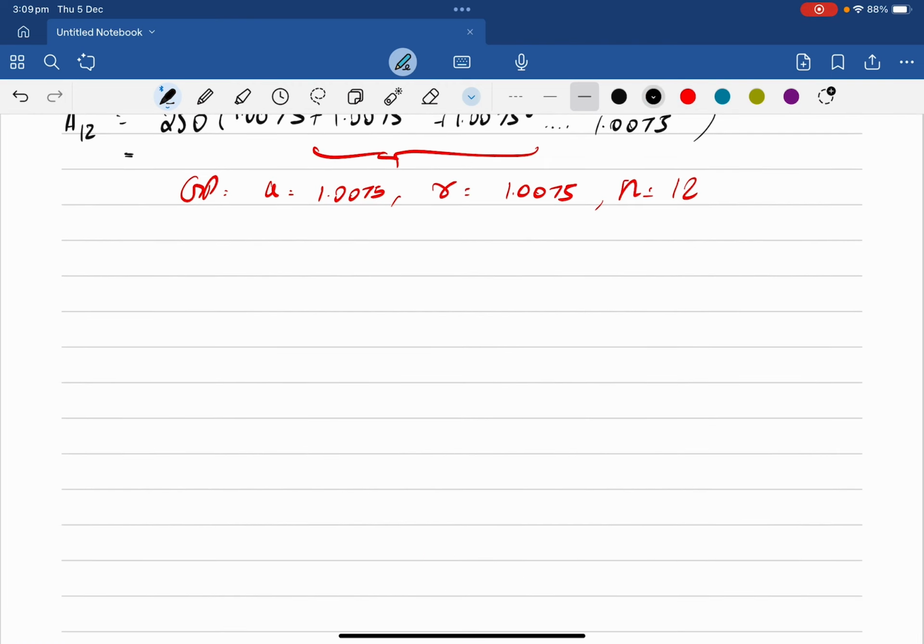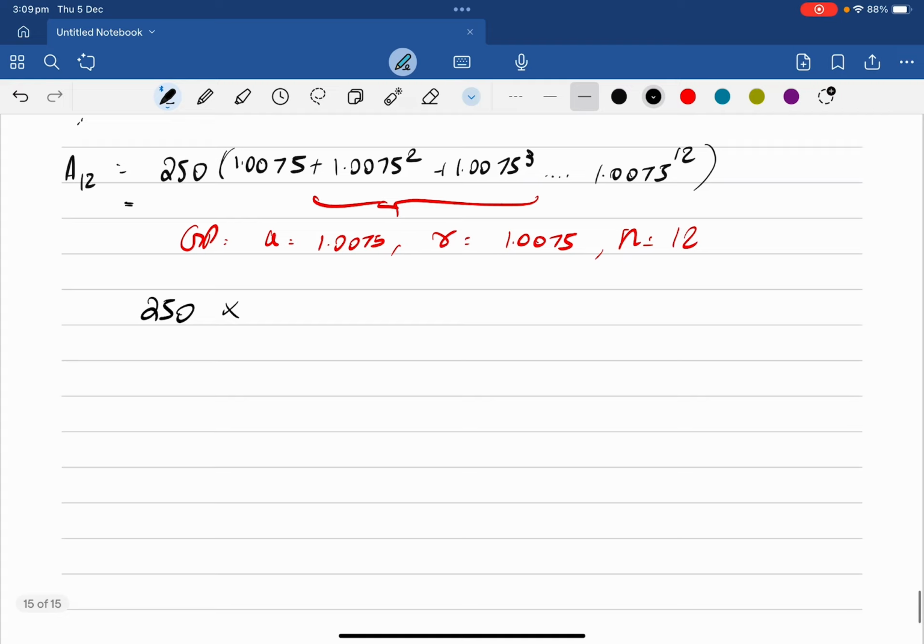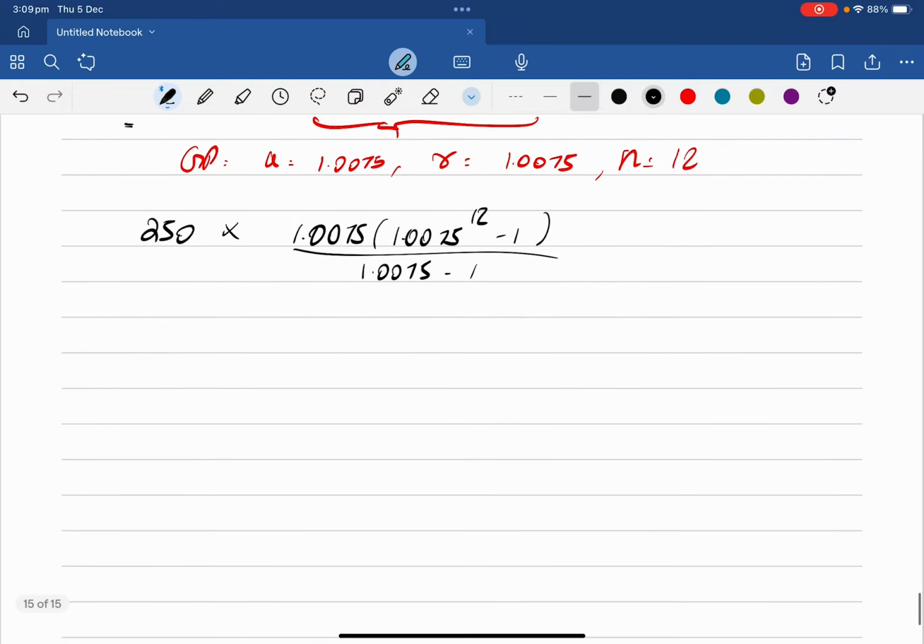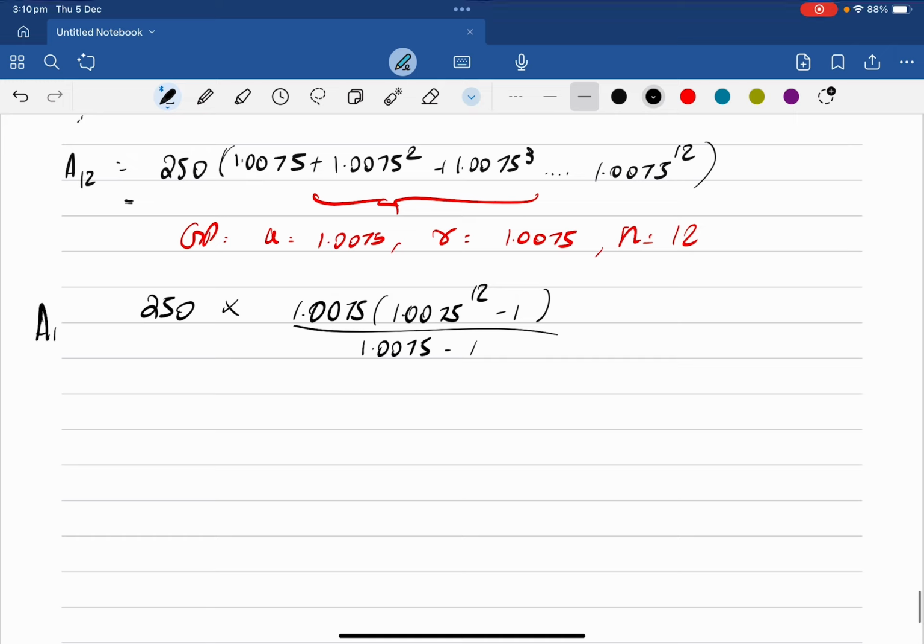So now let's multiply this in, so the 250 comes down, and this we can sum up using our sum of GP. Since r is greater than 1, we can use 1.0075 times 1.0075 to the n, which is 12, minus 1, over 1.0075 minus 1. Let me chuck that into my calculator real quick.